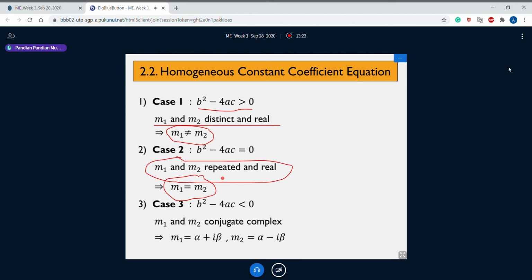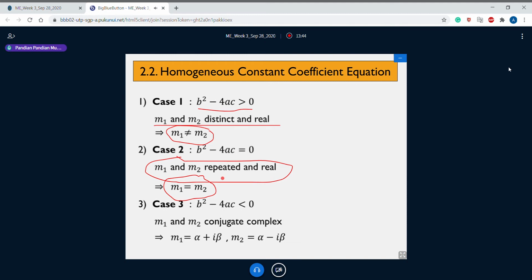So for case 2, we will have a problem, but we can overcome this problem by using the theory to find two independent solutions. That means two different solutions, because y1 and y2 must be independent.